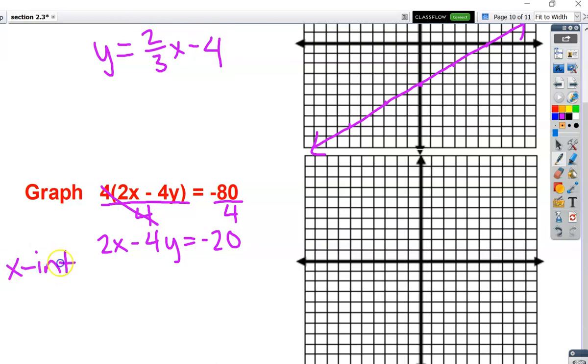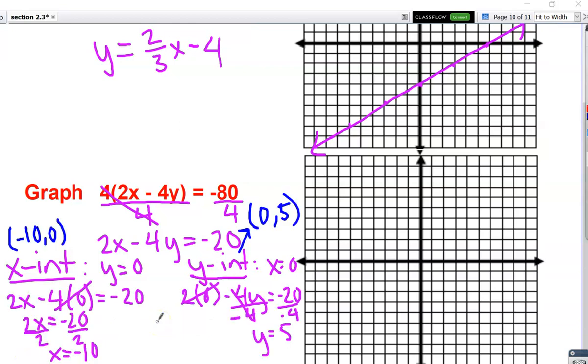Solve for the x-intercept, where y equals 0, and then solve for the y-intercept, where x equals 0. Pause and review the algebra steps that went with that. By all means, go ahead.